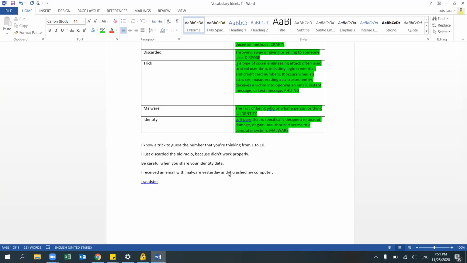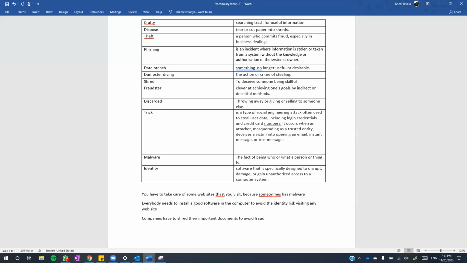Correct. We can use it like financial companies, like banks or just financial companies, need to be careful with the information of the users.